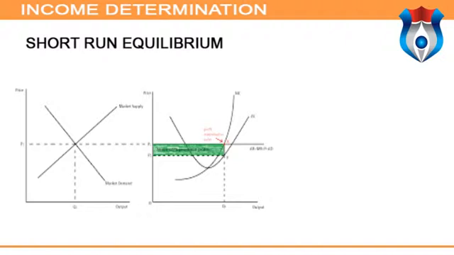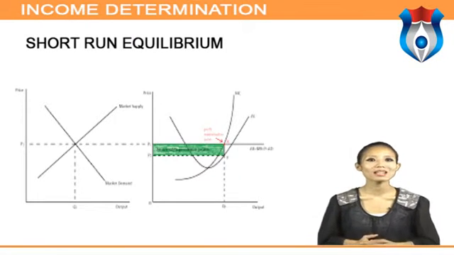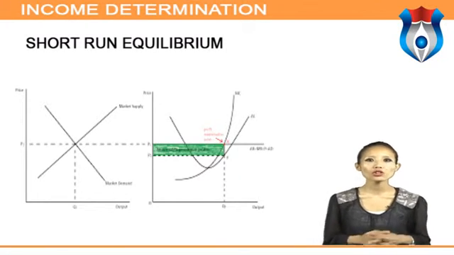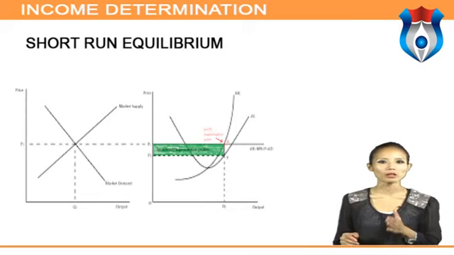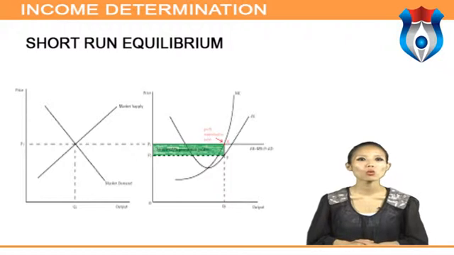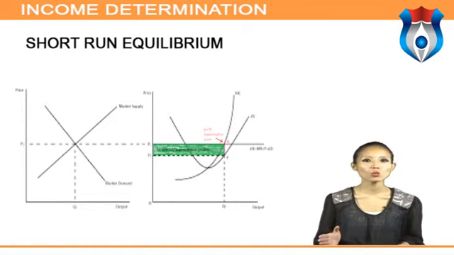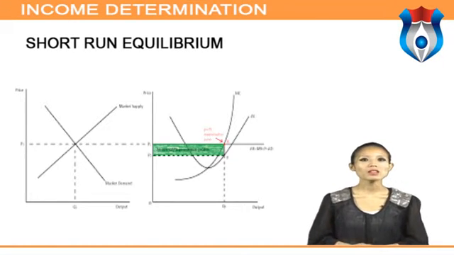Similarly, the total cost of producing this output is TC equal to output into average cost, equal to OQ1 into Q1C1, equal to OQ1C1R1. Therefore, profit is equal to TR minus TC, equal to OQ1E1P minus OQ1F1R1, equal to R1C1E1P. This is the supernormal profit of the firm.